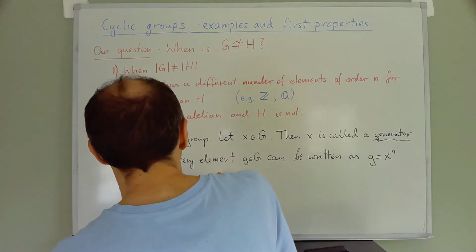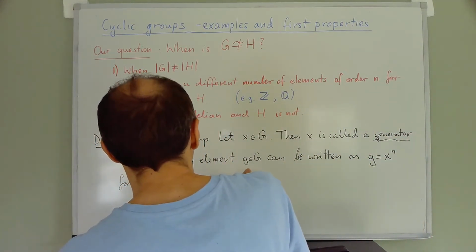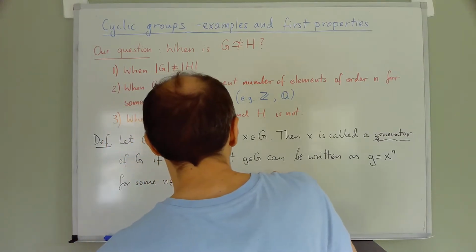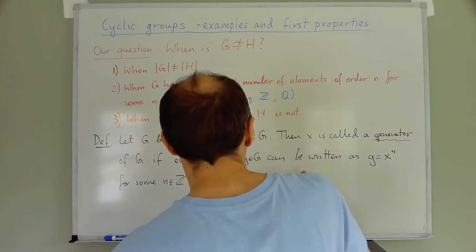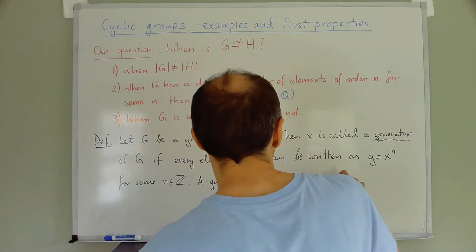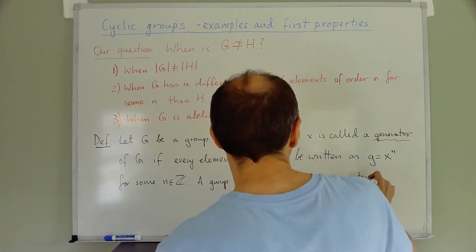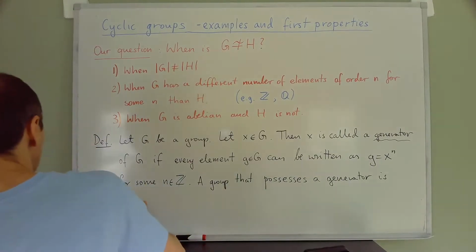And a group that possesses a generator is called cyclic.